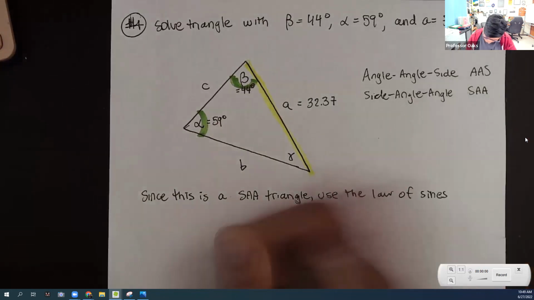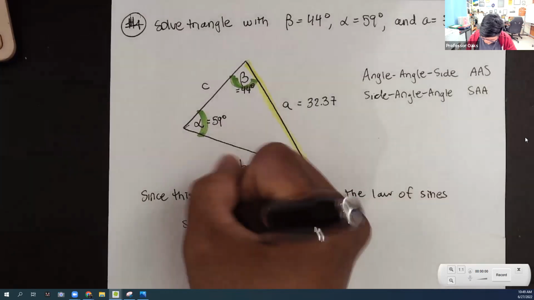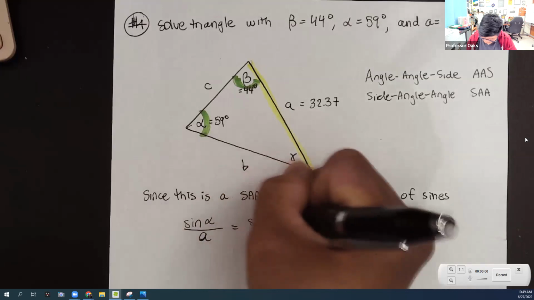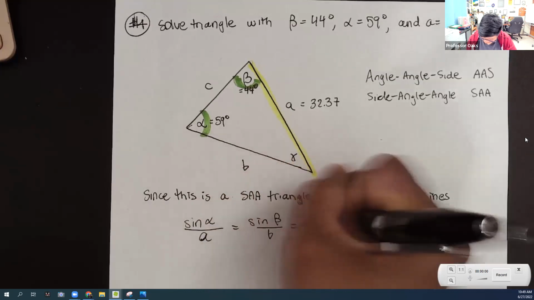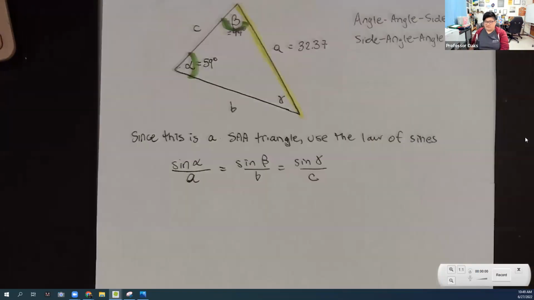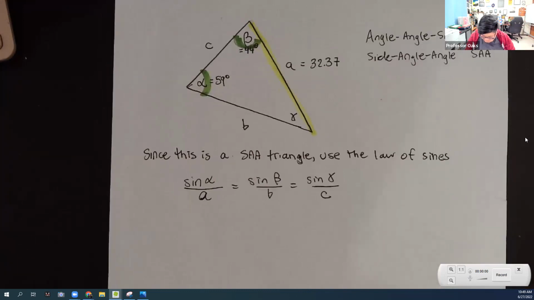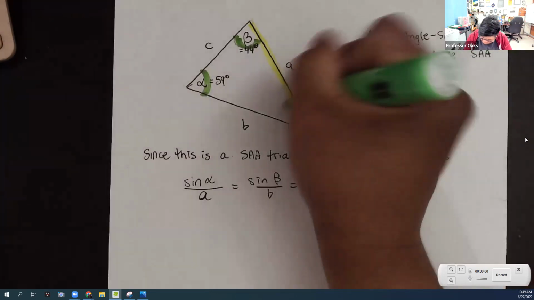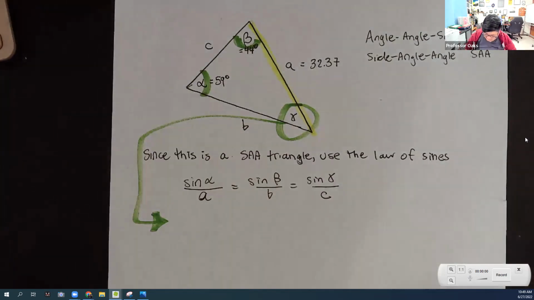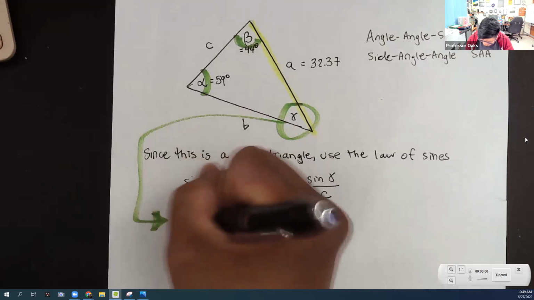That's sine of alpha over A equals sine of beta over B equals sine of gamma over C. The first thing I would probably do though is find gamma.